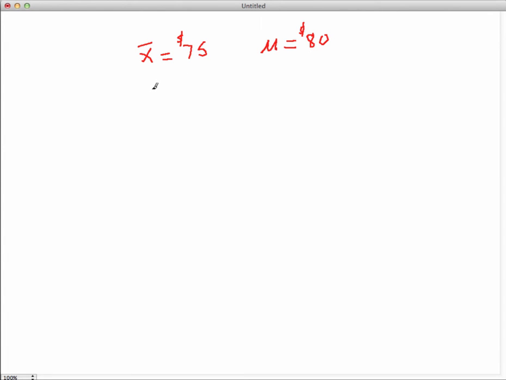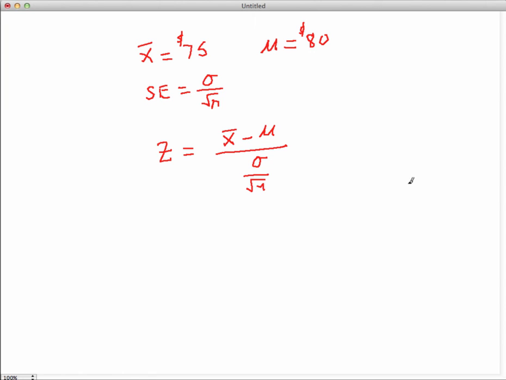Well, remember that the standard deviation associated with the sampling distribution of X bar is the standard error, and the standard error is given by sigma divided by the square root of n. That's an n right there. And so the z that we want to calculate is going to be equal to X bar minus mu divided by sigma over the square root of n.